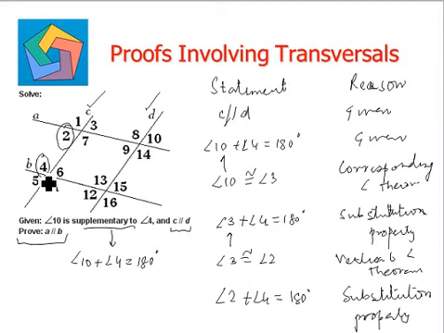They are forming the angles on the same side of the transversal, that is, the transversal in this case is C, and the two lines that are forming these angles are A and B. So by the property that angles on the same side of the transversal are supplementary, this proves that line A is parallel to line B. And this is our statement and the reason proof for the same.